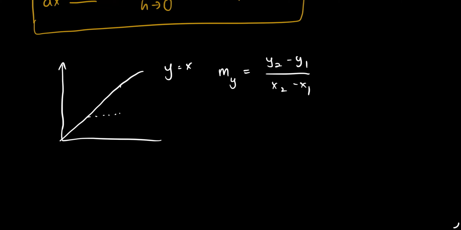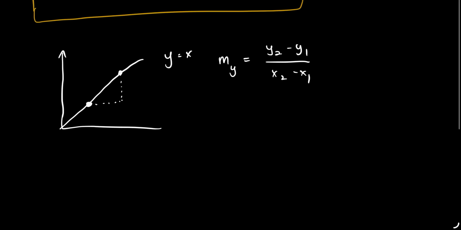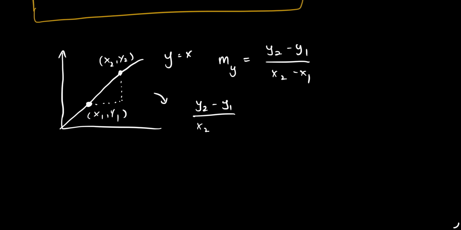So let's say I want to find the gradient. I draw a triangle with these two coordinates. This one is x2, y2, and this one is x1, y1. So we do y2 minus y1 over x2 minus x1.